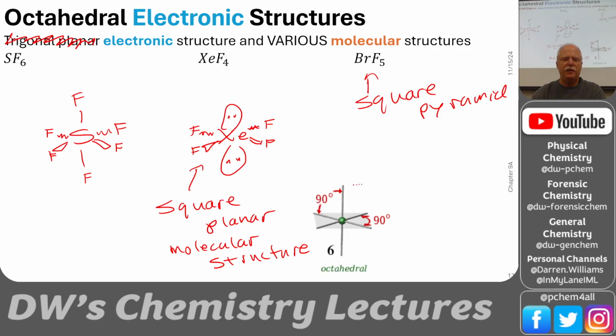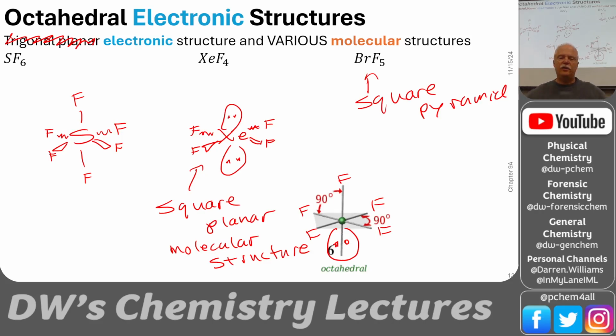So what you would have is you would have a fluorine on 5 of these spots and a lone pair on the 6th one. And so then a lone pair down here. And so then it's this square pyramid as opposed to the trigonal pyramid. So I wanted to have an example of each of those.